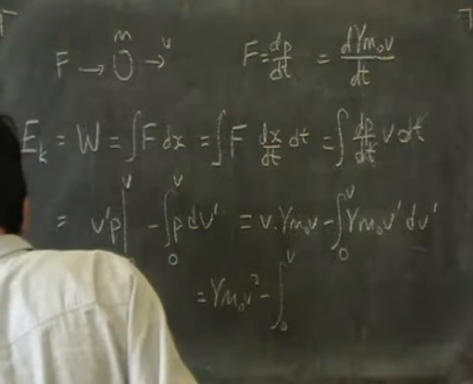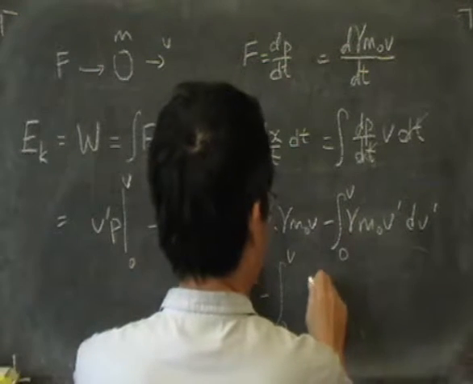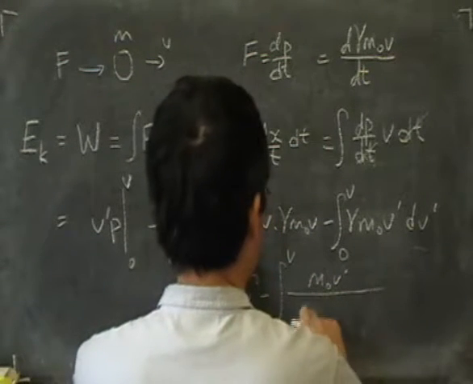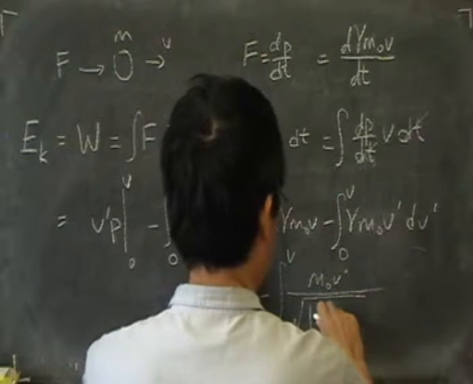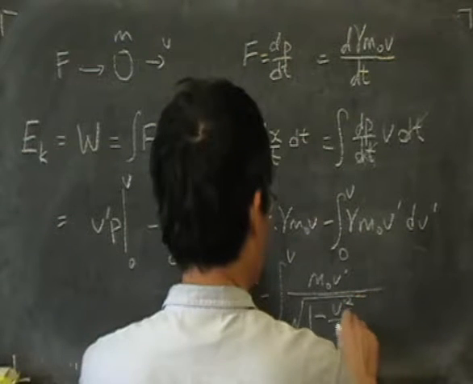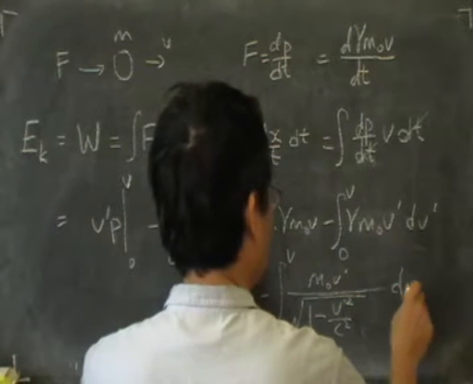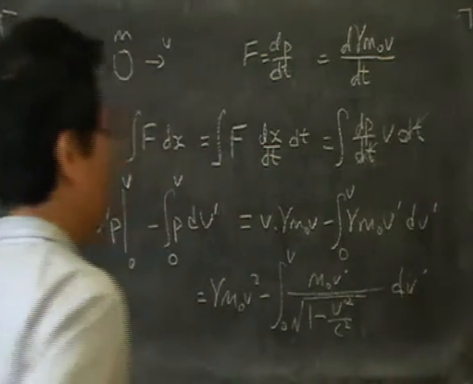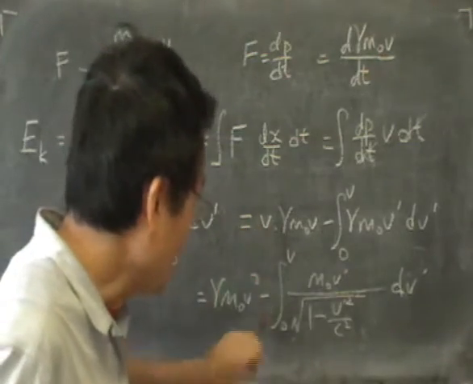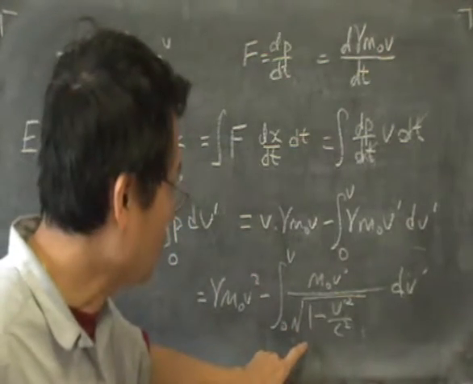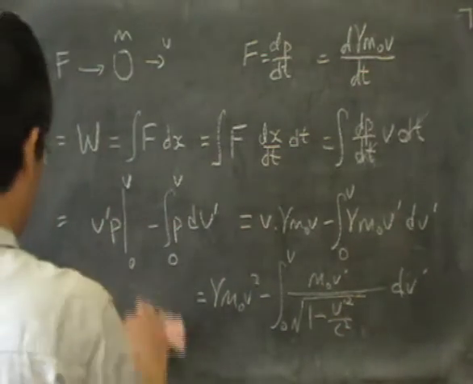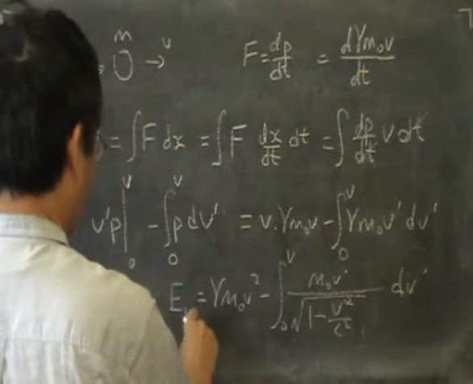This gives m naught v prime over the square root of 1 minus v prime squared over c squared, times dv prime. And we get an expression here that we can actually integrate. Let's see what we get. That's my EK, right?